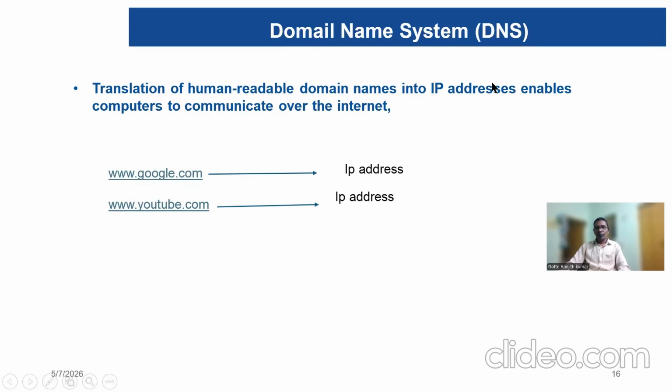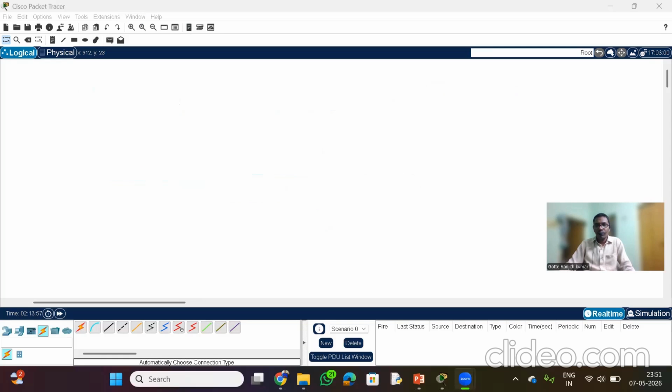So for that, first open Packet Tracer for a DNS simulation. So I will add one node here. So this is a DNS simulation.